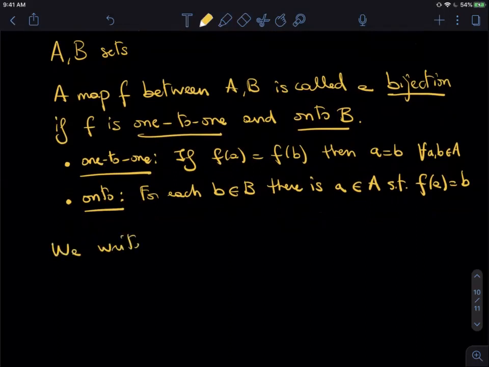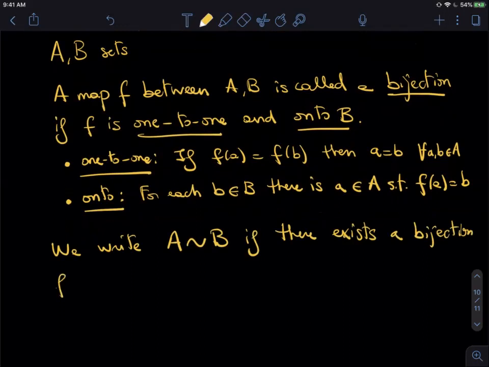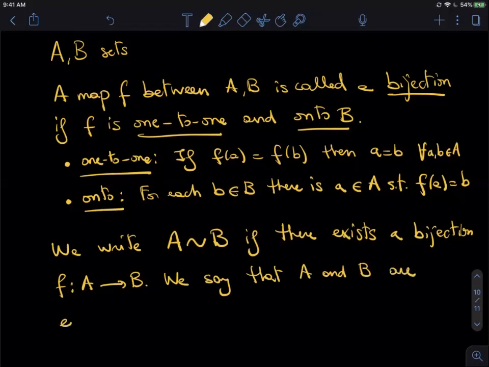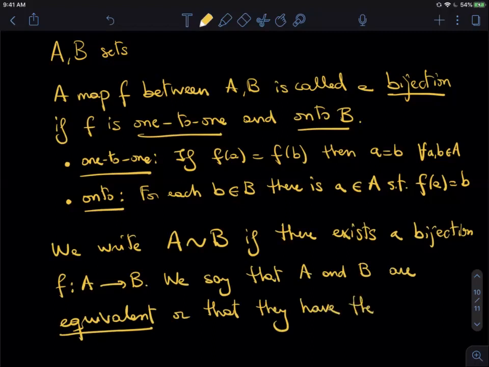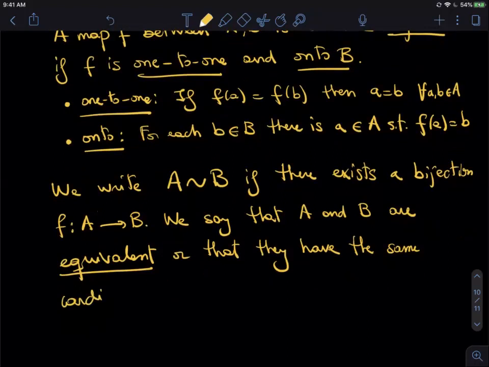In that case, we write that A is equivalent to B. We say this if there exists a bijection F from A to B. In this case, we say that both sets A and B are equivalent, or we also say that they have the same cardinality.